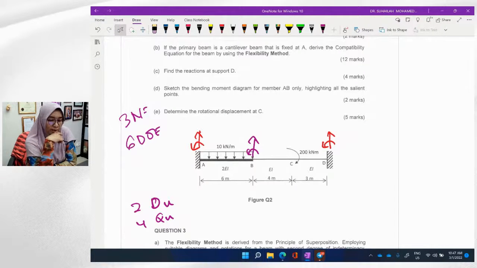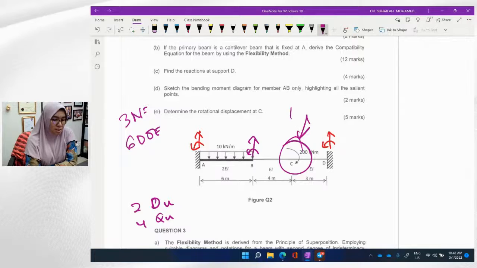Wait a minute. At C, this is representing moment at C, which is equal to 200 clockwise, and there's no formula to consider or to calculate the fixed end moment for member BD.